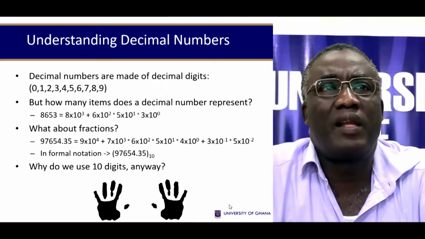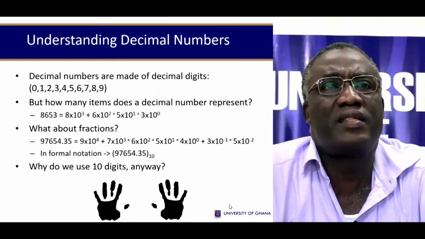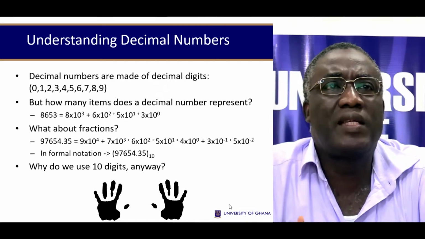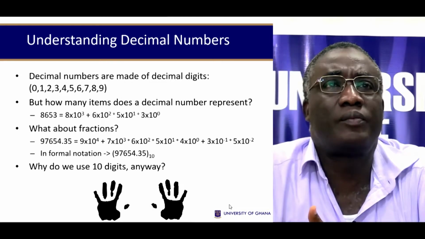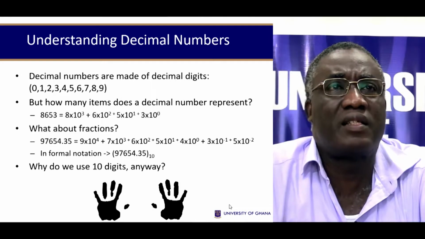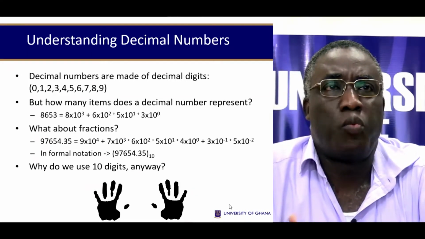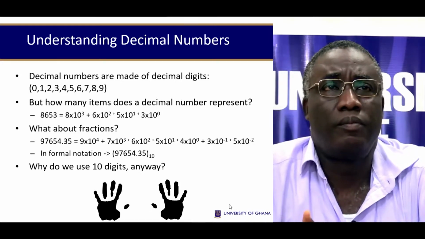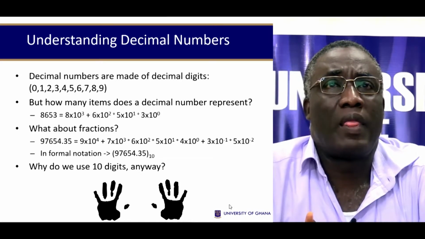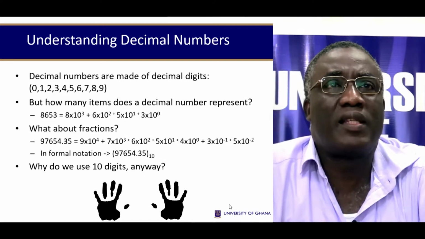If you write a number like 8,653, what does it really mean? Every digit in that number actually has a weight. The position counts. So there is a ones unit, the tens unit, the hundreds, and then the thousands, and so forth.